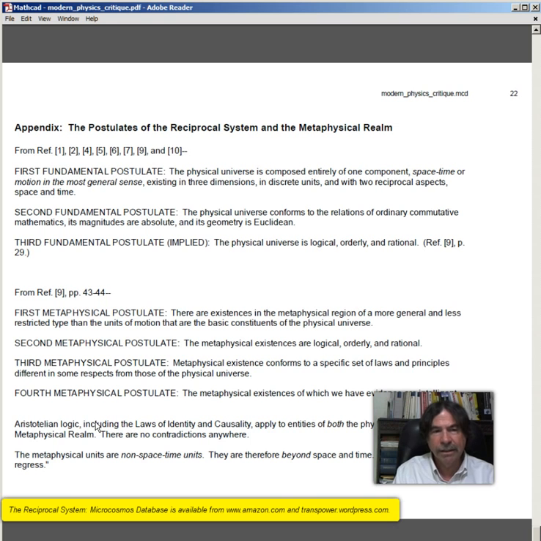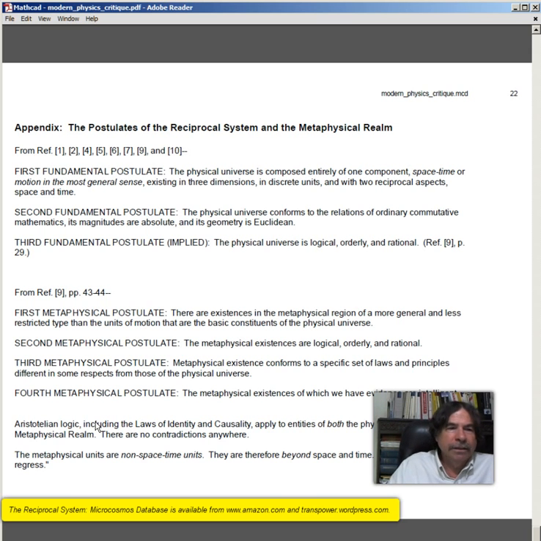Second fundamental postulate. The physical universe conforms to the relations of ordinary commutative mathematics. Its magnitudes are absolute, and its geometry is Euclidean. Third fundamental postulate, which is implied. The physical universe is logical, orderly, and rational.